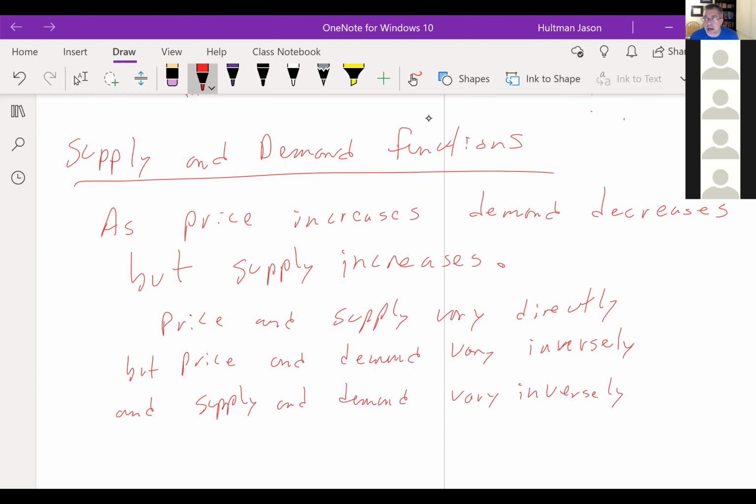Okay, as demand goes down, supply goes up. As demand goes up, supply goes down. Okay, which is kind of interesting. Again, my family, we're huge gamers, right? And so Nintendo actually manipulates the supply and demand curve extremely well. That's why they're a multi-billion-dollar corporation.